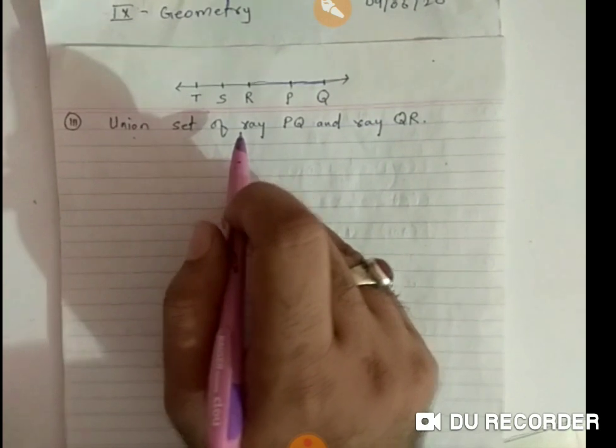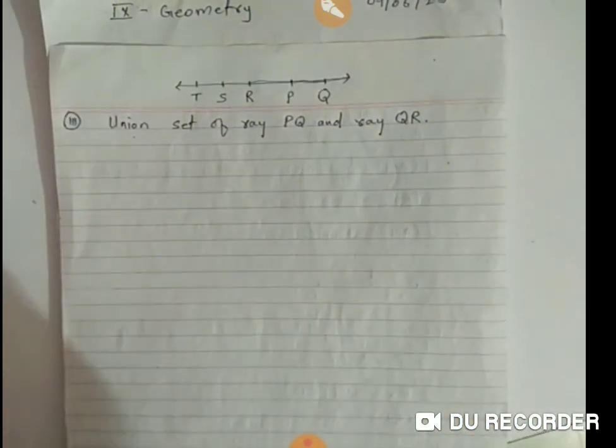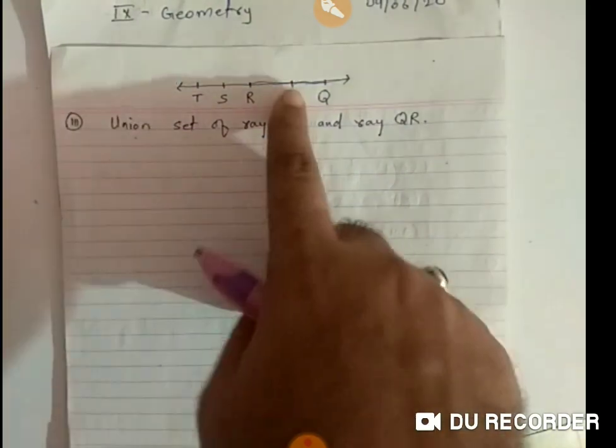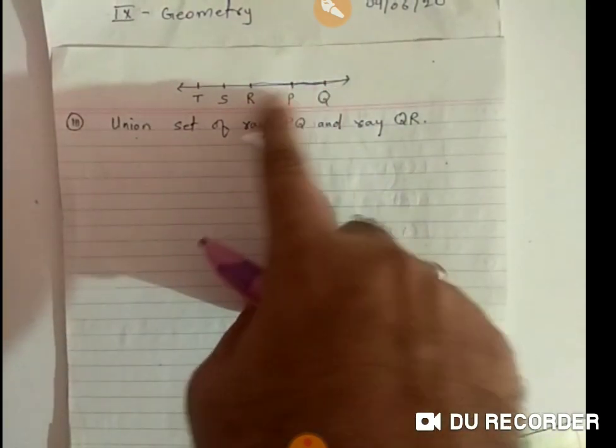So what is union? We know that union set is basically a combination of two or more sets. It's called union of sets, and we write common elements once. So ray PQ and ray QR.